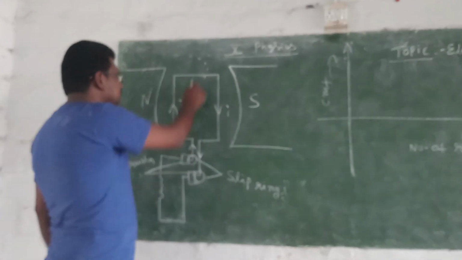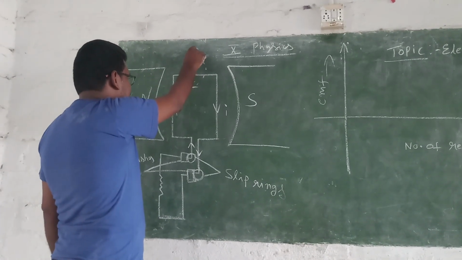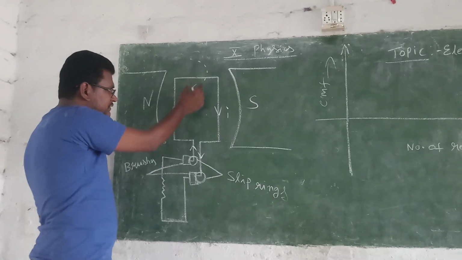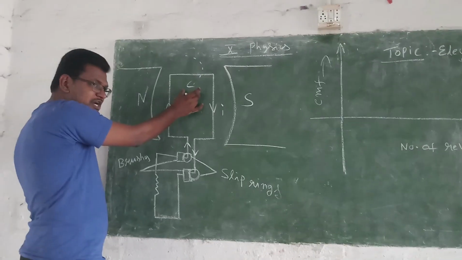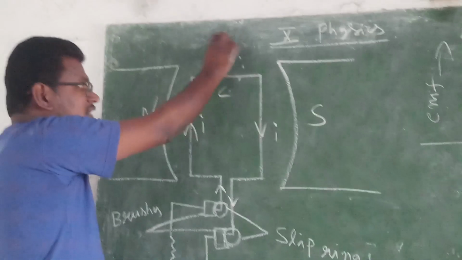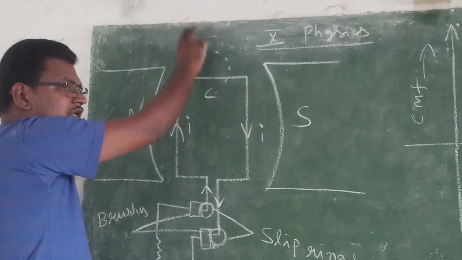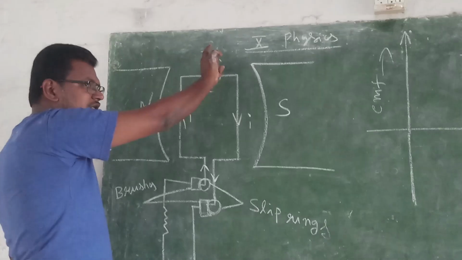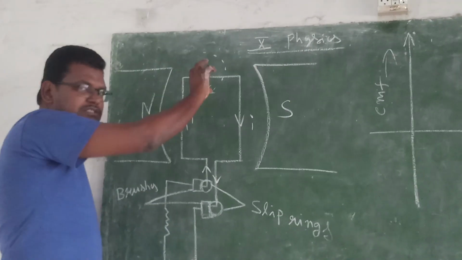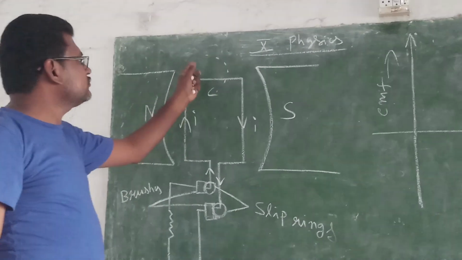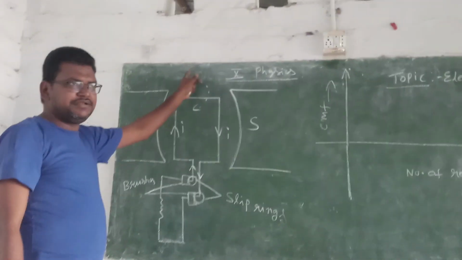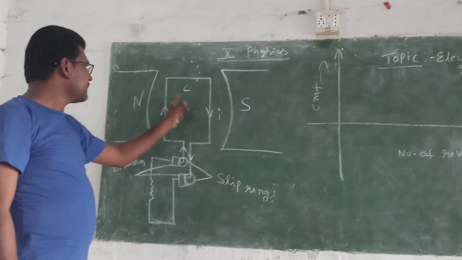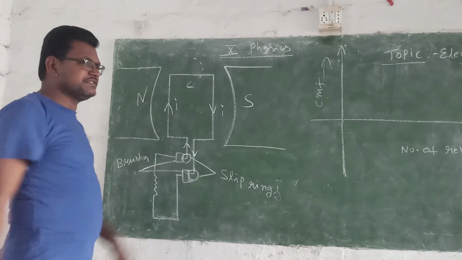Here we use a shaft or armature. The rectangular coil is connected to that shaft, and the other end of the shaft is connected to turbines, or we can connect something else. As the turbines rotate, the shaft rotates, and along with the shaft the rectangular coil rotates.